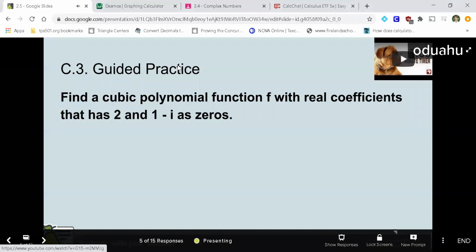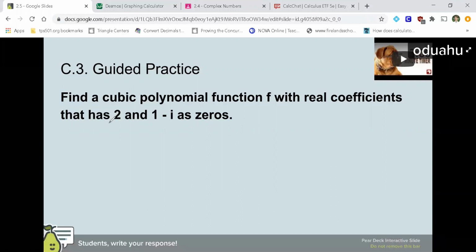All right, it looks like the answers I got on Pear Deck are right, though there might be some sign issues. So since 1 minus i is 0, then 1 plus i must be a 0 too. Again, since this is a cubic, that means it has 3 zeros. And I've got 1, 2, 3.